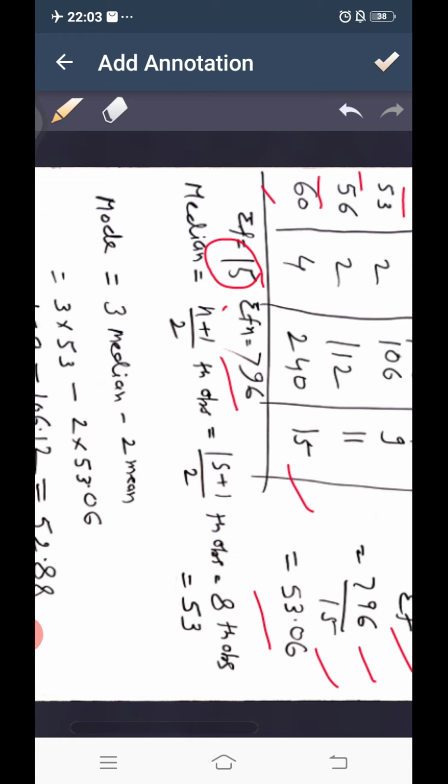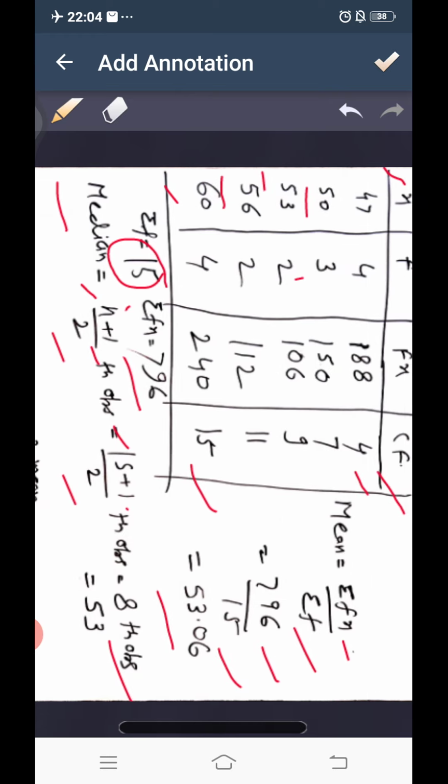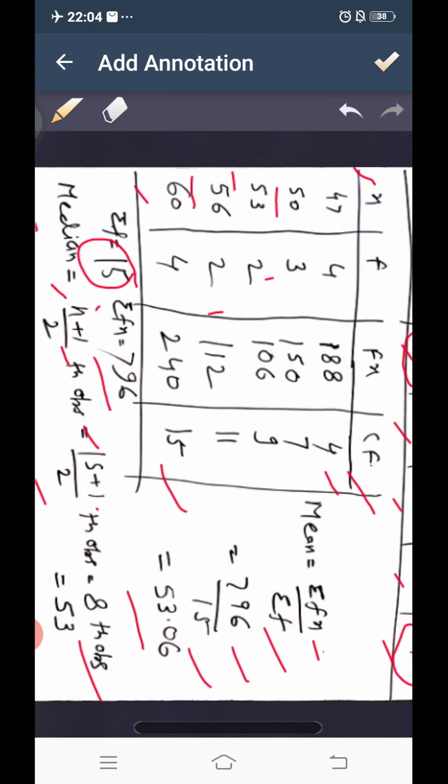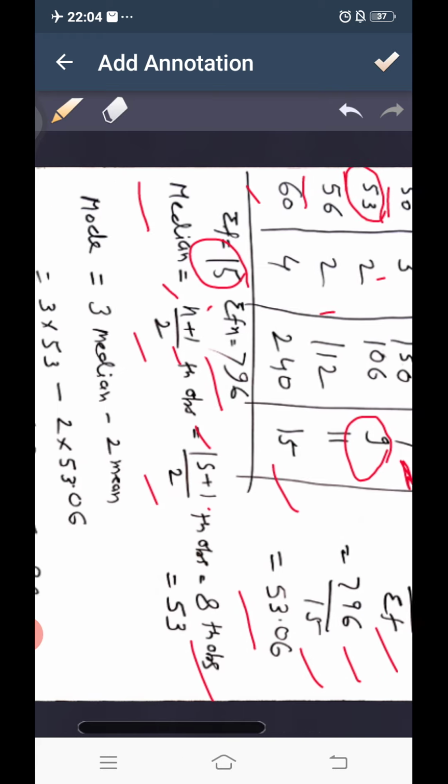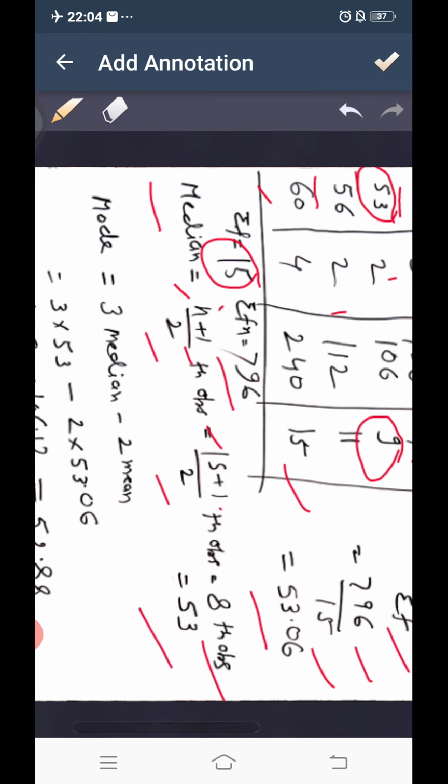So we apply median equals (n plus 1) by 2th observation. 15 plus 1 by 2th observation, that is the 8th observation. We can see that till here it is 7, and this CF 9 contains the 8th and 9th term. So the 8th observation is 53. So we get median equal to 53.